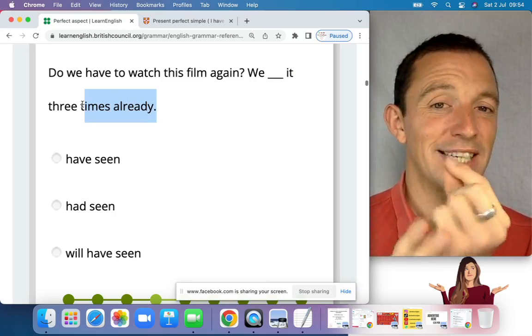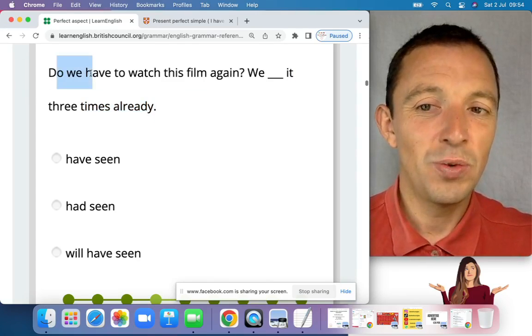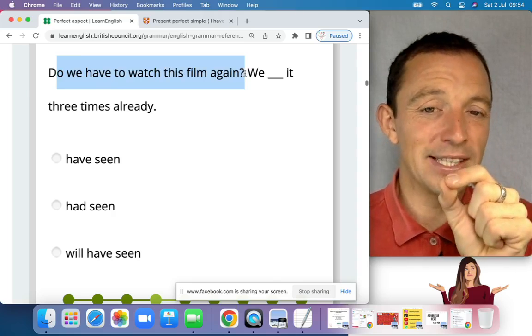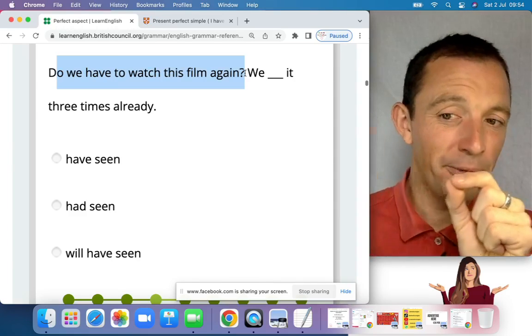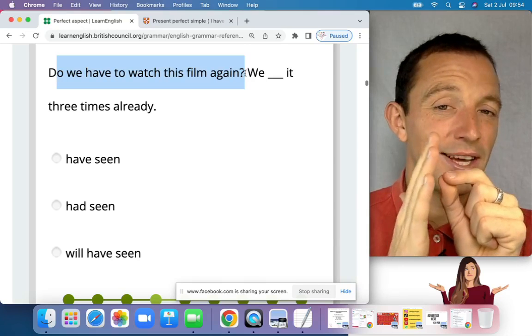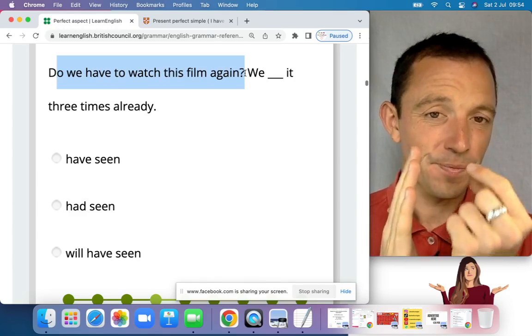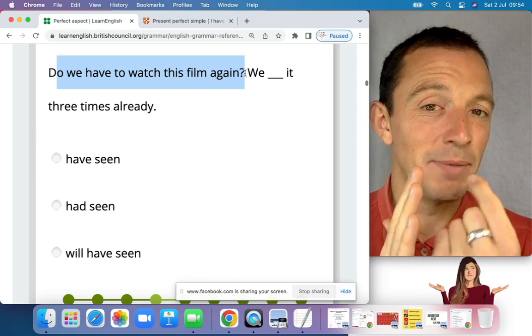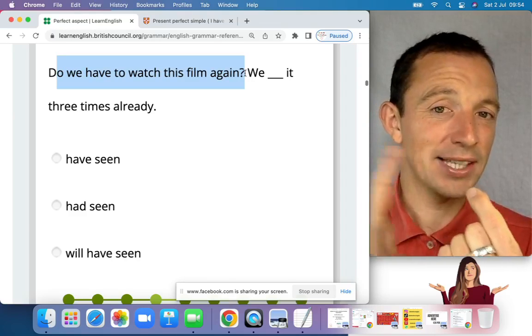So the first part is the present. Do we have to watch this film again now in the present? Because the previous time before is the present perfect. So we need to describe the period of time before, the particular perspective and time in the present. Therefore, this is the present perfect.